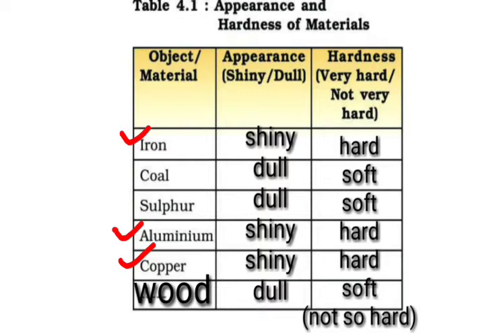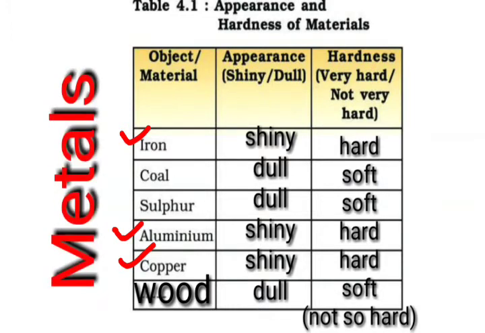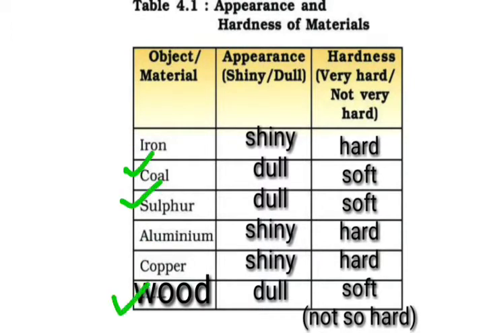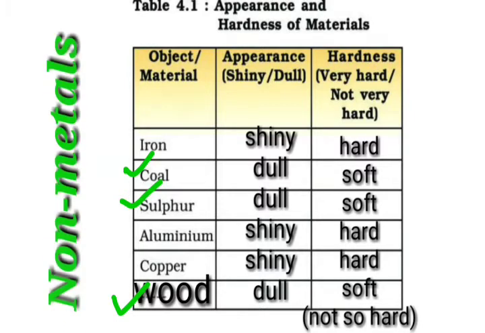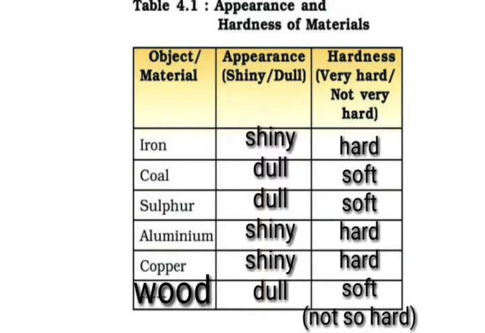The shiny appearance and the hard materials are metals. And what are non-metals? They are soft and non-lustrous. The coal, sulphur, wood are categorized as non-metals. They look dull and they are soft to touch.